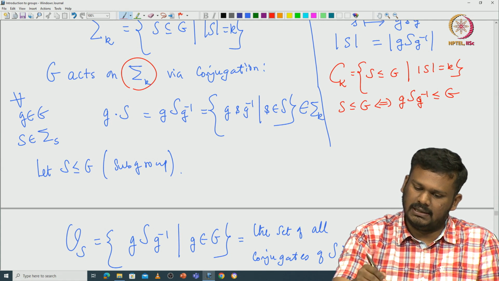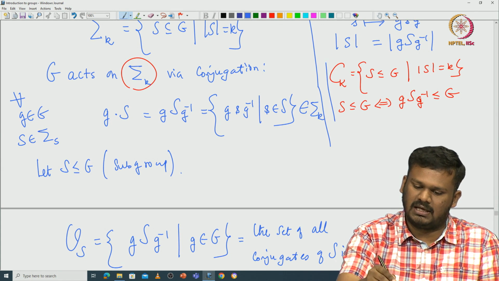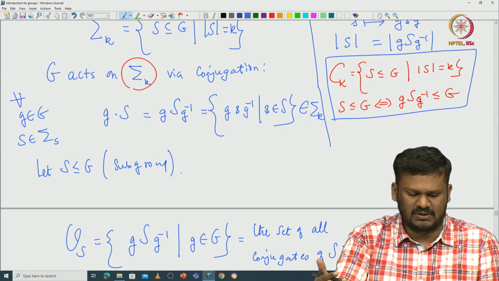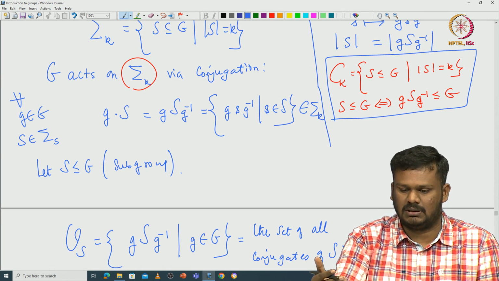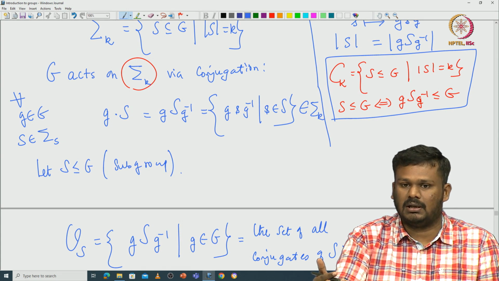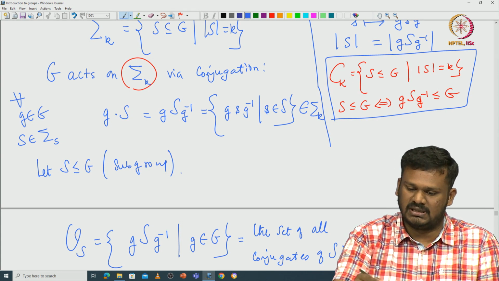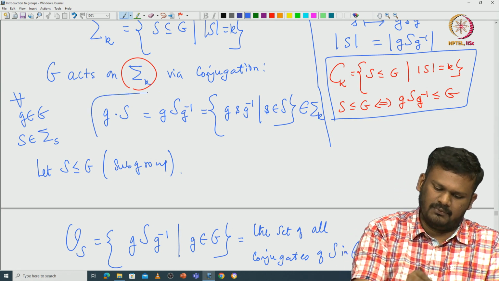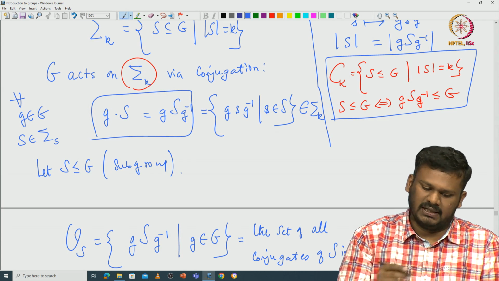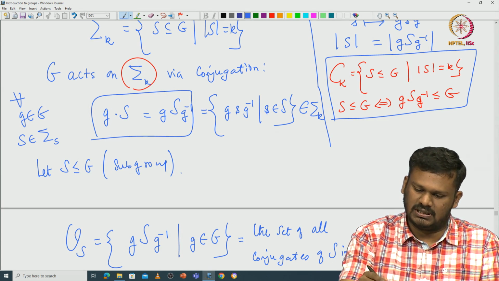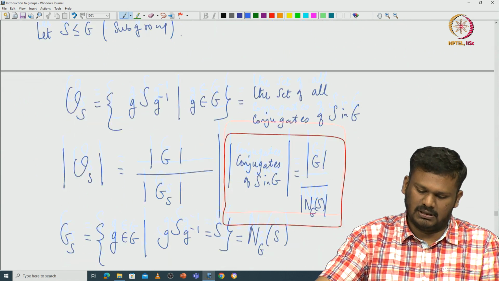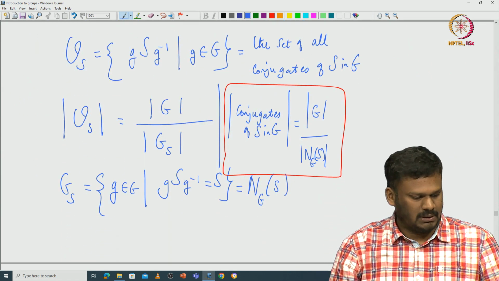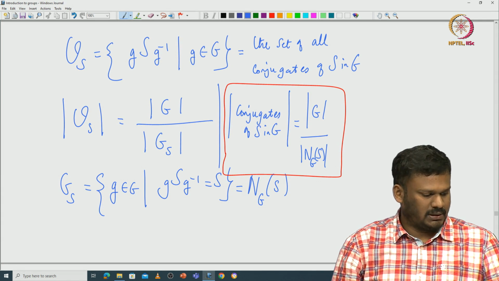So in particular, this subset C K is indeed an invariant subset of this action of G, so G is actually acting on C K as well. You can directly define the same formula and verify that it is the action of G on C K, and similar stories can be verified: what is the orbit, what is the stabilizer, and so on, can be calculated.